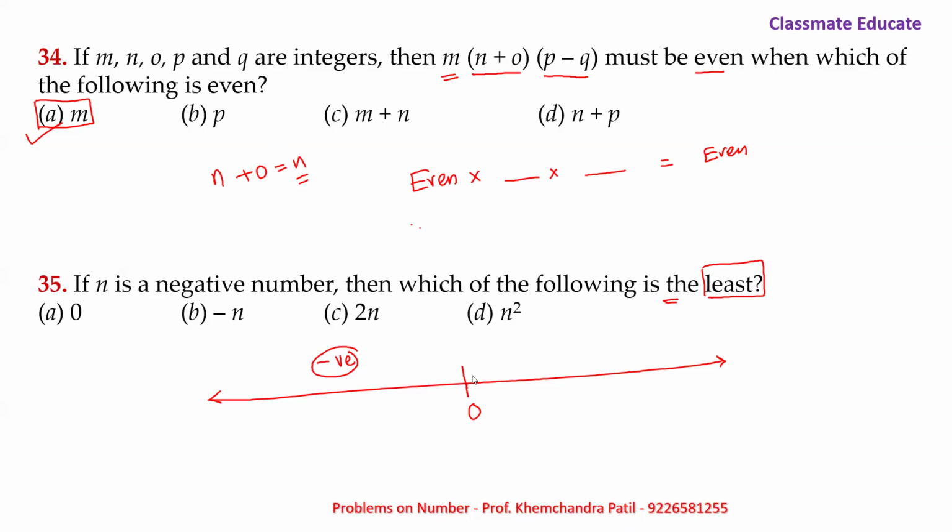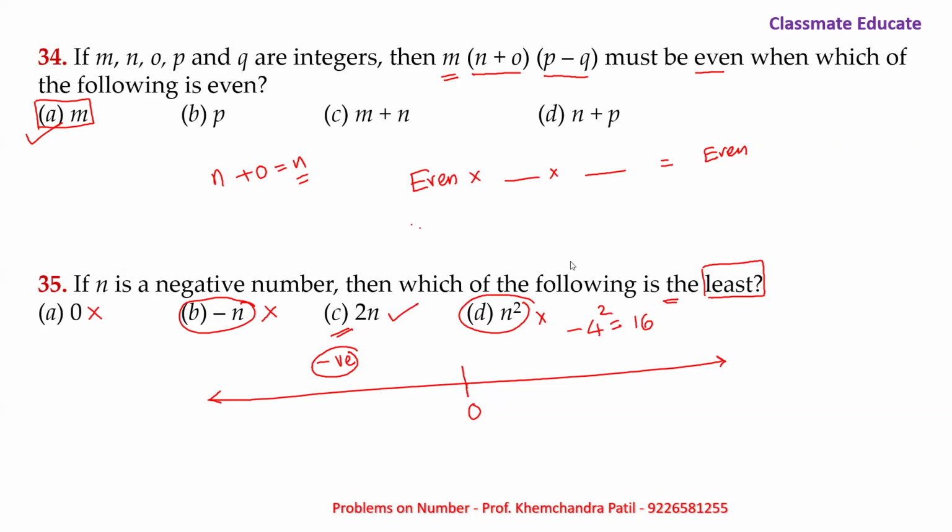So 0 is not the least because all negative numbers are less than 0. Now N is a negative number. If you take negative of a negative, it will become positive, so this is also not the least. Now if you take the square of a negative number, it is always positive. Minus 4 squared will be equal to plus 16, so this is also not the least number. So your answer will be 2N, because N is a negative number.